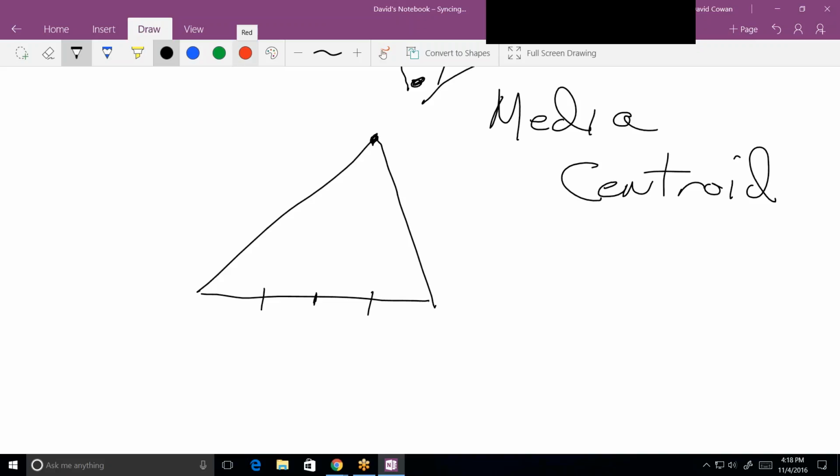Yeah, let's do this in red. And I'm going to go this side to the middle of that side. And I'm going to go from that vertex to the middle of that side.